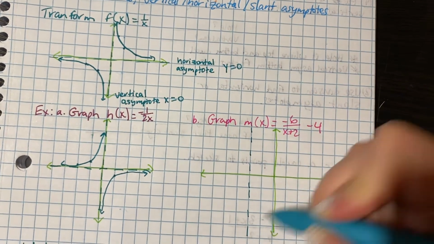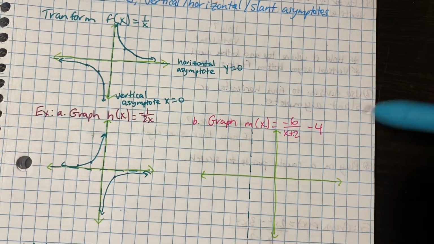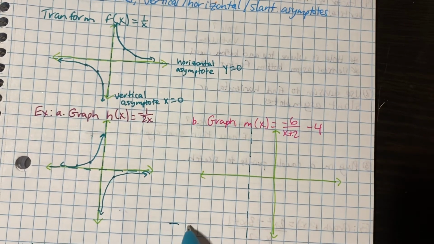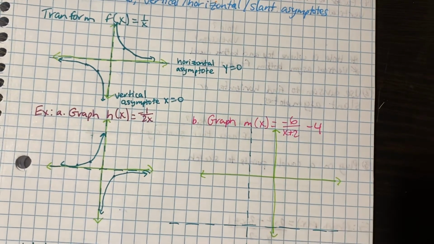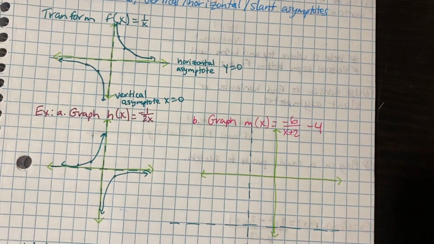Because that 2 is next to the x, we do the opposite. And we need to move it down 4. 1, 2, 3, 4. I don't even know if I'll be able to graph the bottom half of my graph because of where I put my axis. Okay, that's usually not okay. It'll be okay for right now.